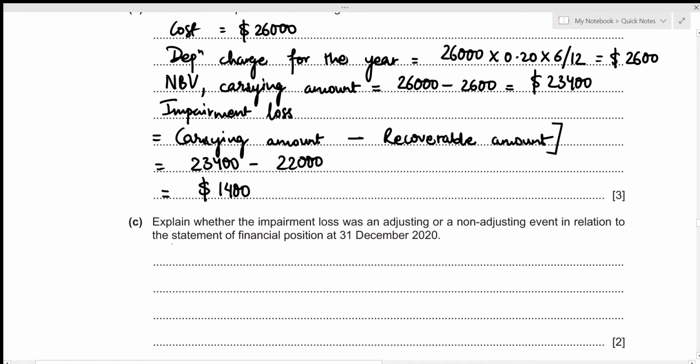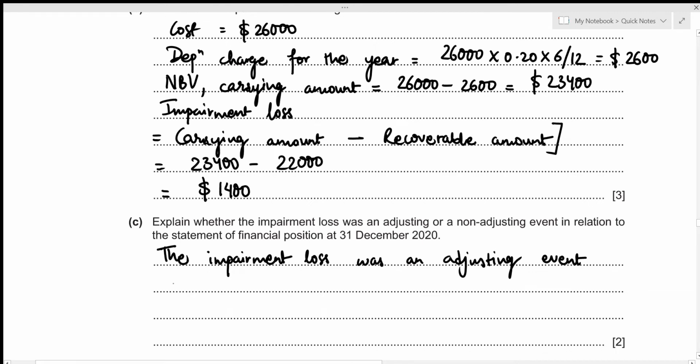Let's write it down. The impairment loss was an adjusting event because clearly the value of the vehicle would have been overstated if we did not adjust this recoverable amount.